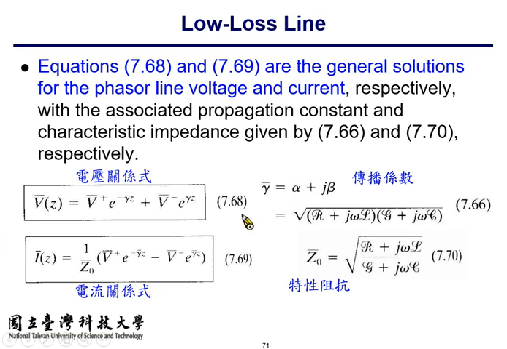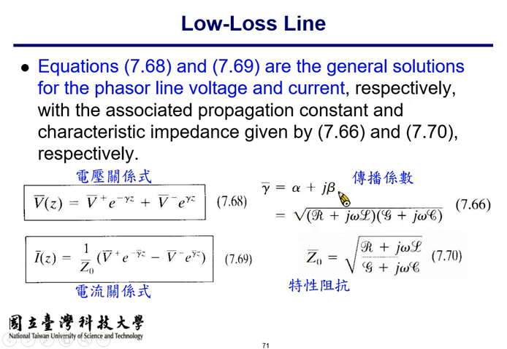As you can see from 7.66, the propagation constant is the sum of the attenuation constant alpha and the phase constant j beta.